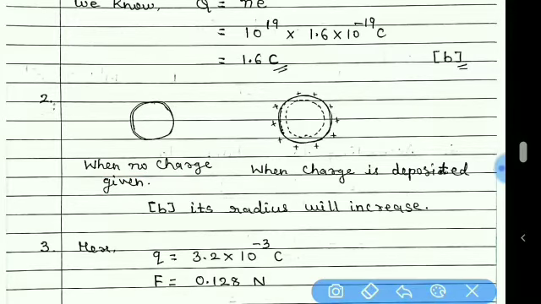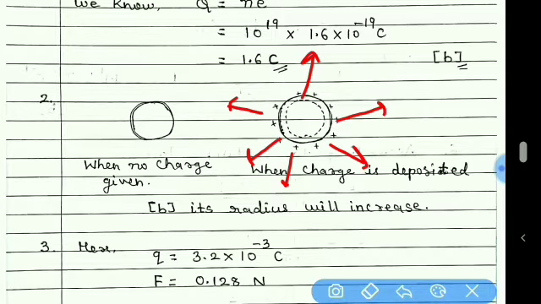Now when the charge is deposited on the soap bubble, due to the repulsive force between these charged particles, the radius of the soap bubble will increase. See, this is the repulsive force between the like charges, and so the surface of the soap bubble will expand.